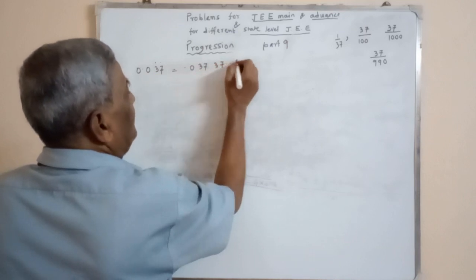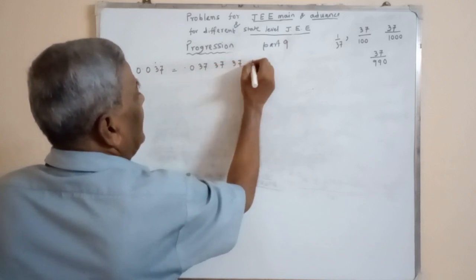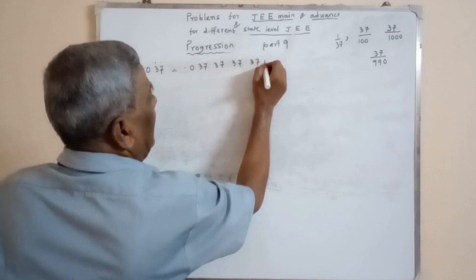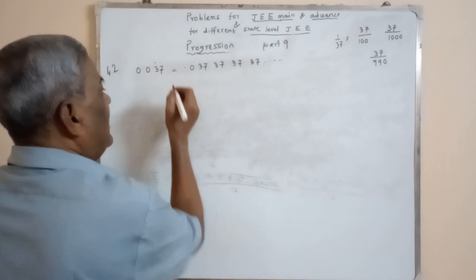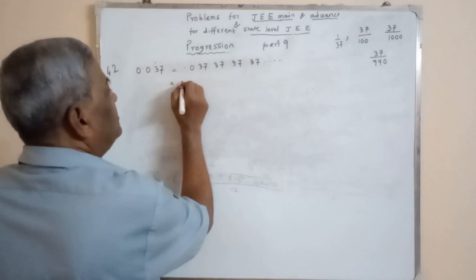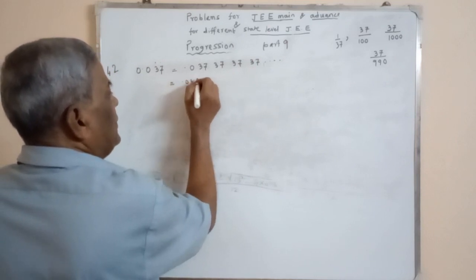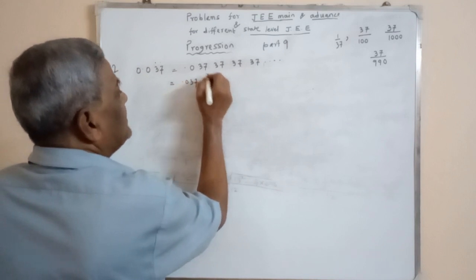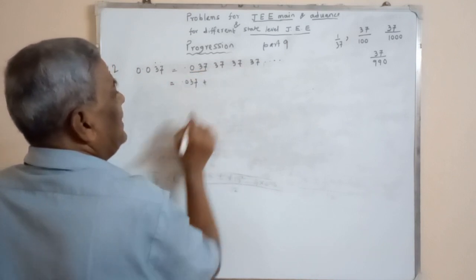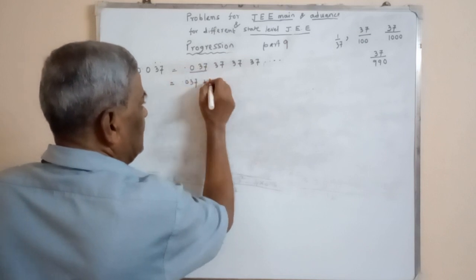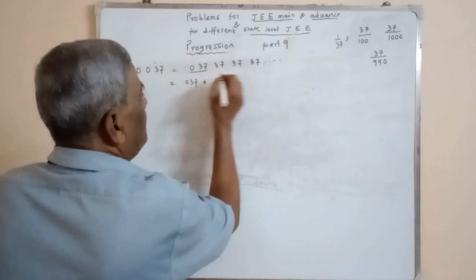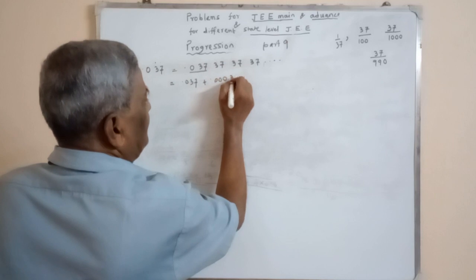It is 37, 37, 37 and continues. This is equal to 0.03637 plus, I take up to this, plus that part 0.00037.